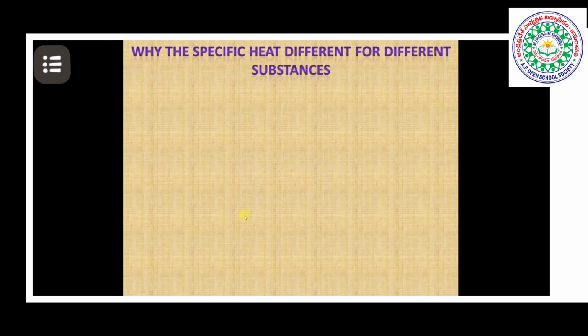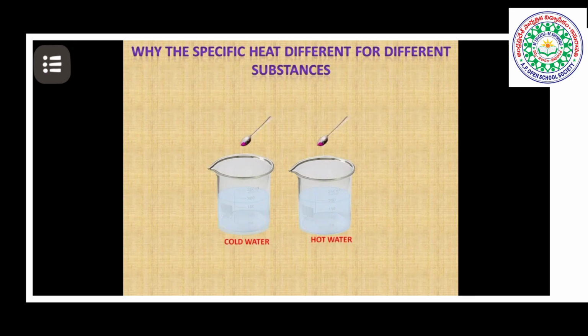Take two beakers, fill them with cold water and hot water, and place a pinch of food color. What we are watching here is that in the hot water the pink color spreads much more rapidly than in the cold water. Here the molecules are moving very randomly and fast.